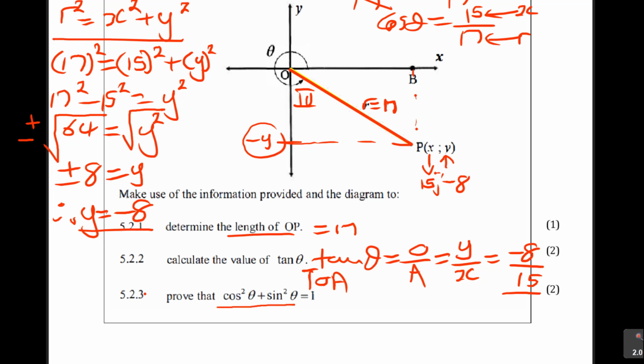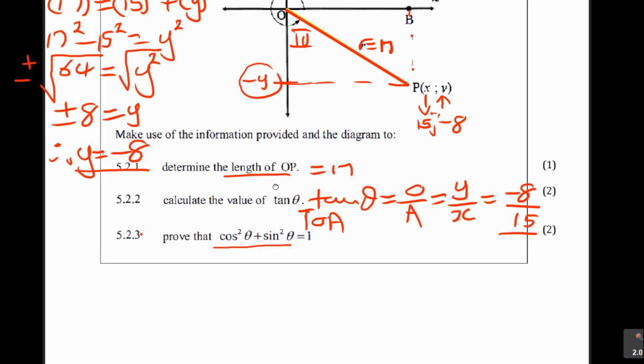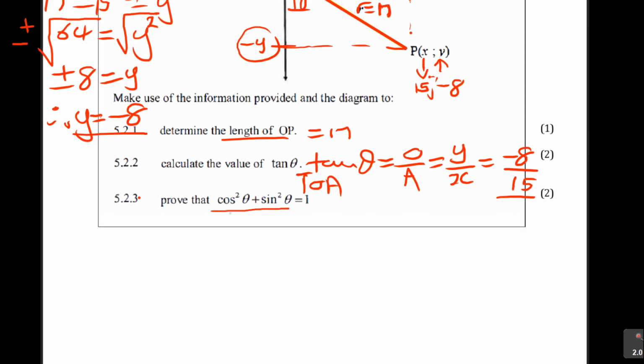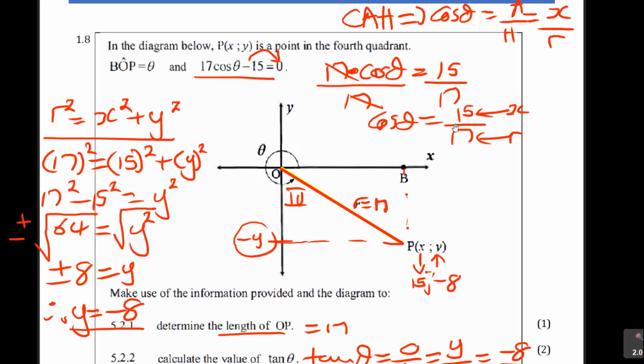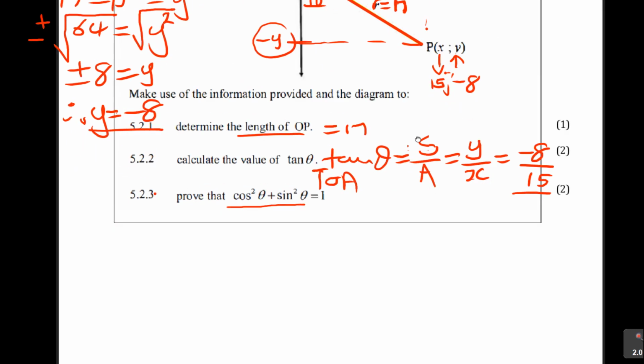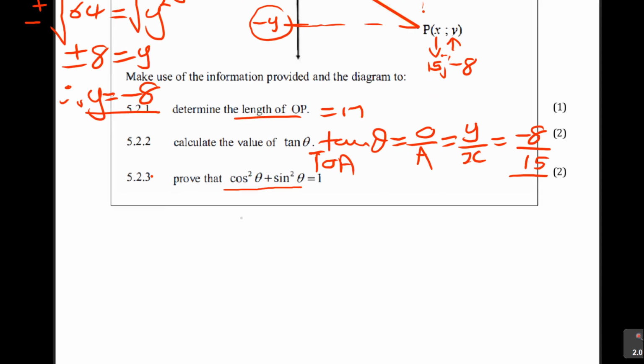Cos squared theta plus sin squared theta is equal to 1. And I told you how to do cos squared. We just did cos is 15 over 17 there. So we are going to say, bracket, not 17 over 15, but 15 over 17 squared, plus sine.